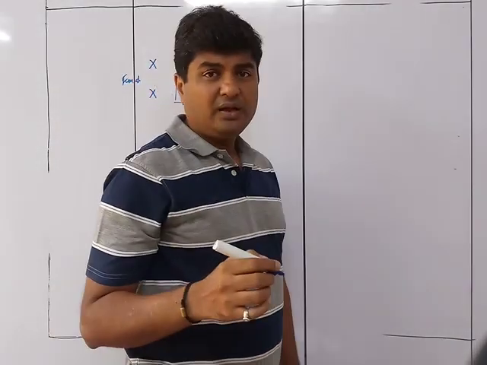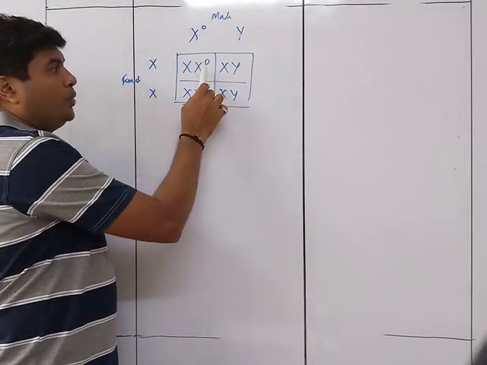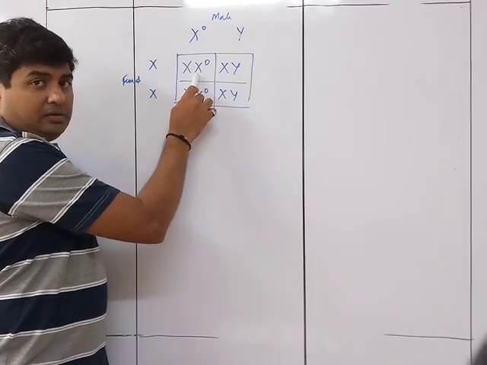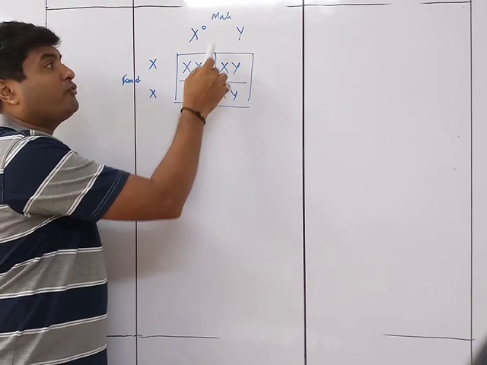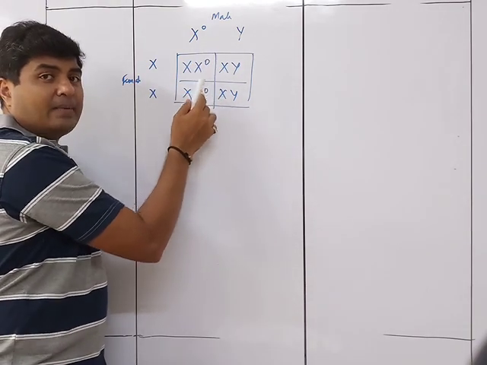So you can see, who is this? A female. A female who is going to be a carrier of color blindness. But is she colorblind?